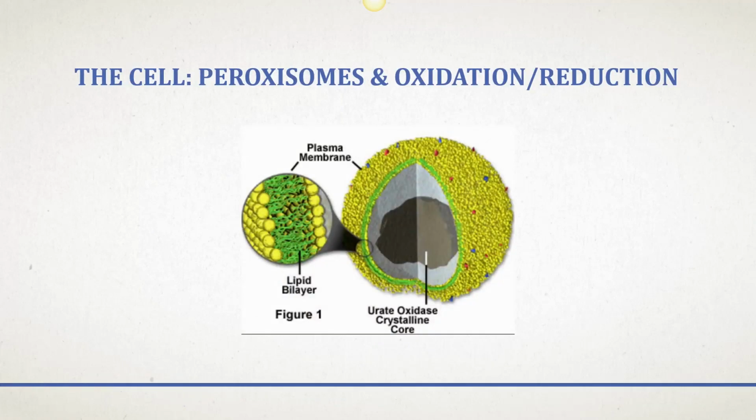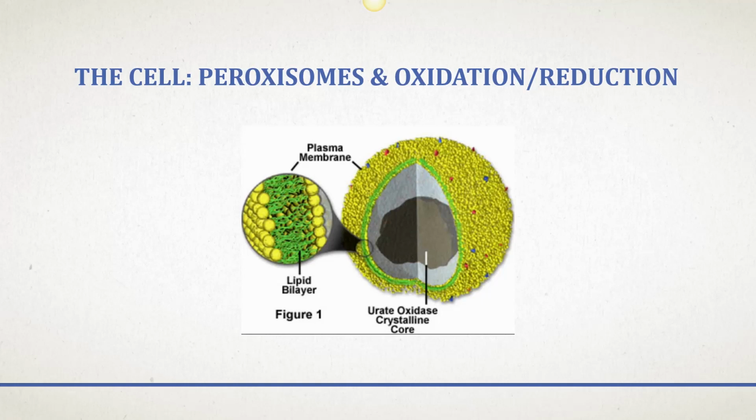Peroxisomes play a major role in detoxifying the cell. They mediate oxidation reduction reactions, or redox reactions. Now, if you've taken a chemistry class previously, you're familiar with what redox reactions are. But there's all of these toxic oxygen compounds. And when these accumulate in the cell, what they want to do is snatch electrons from atoms.